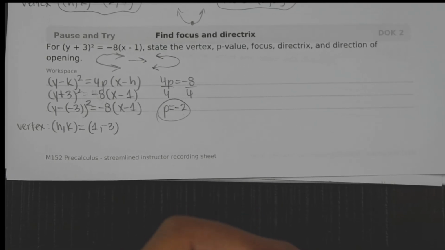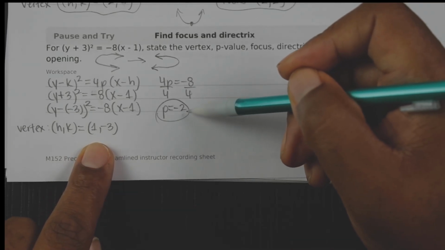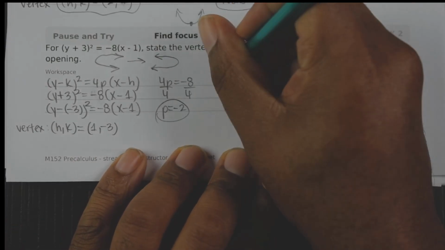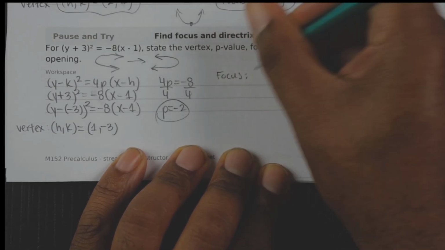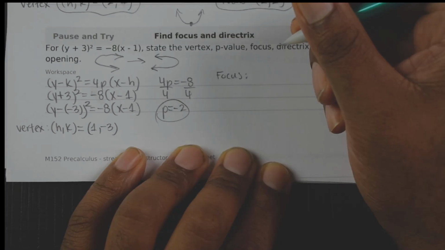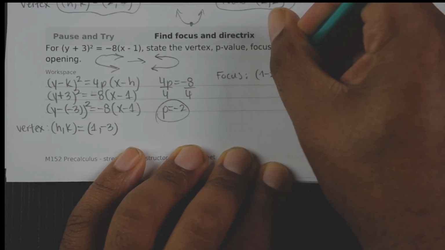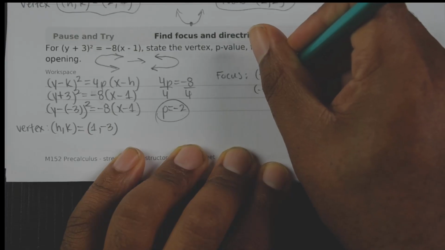For a horizontal parabola, the focus point P is going to shift it to the left or to the right based on the vertex, right? So since P is -2, we're going to move 2 units from the vertex. Okay, so the focus is essentially 1 minus 2 comma -3, -1 comma -3.